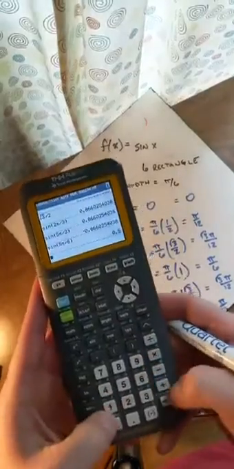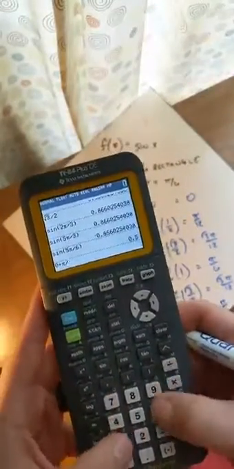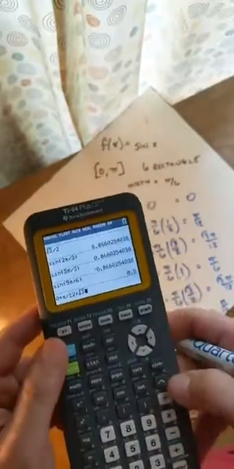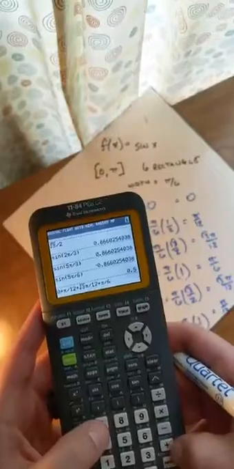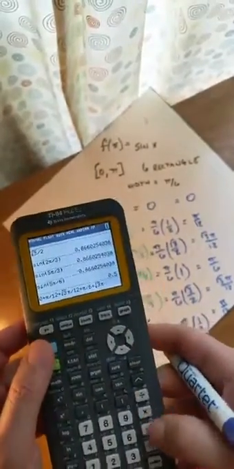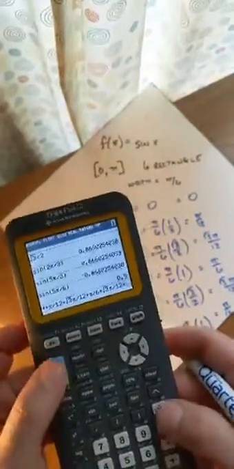Alright, so if we start adding these up, we got 0 plus pi divided by 12 plus the square root of 3 times pi divided by 6 plus the square root of 3 times pi divided by 12 plus pi divided by 12. So we get an answer of, open video pause.